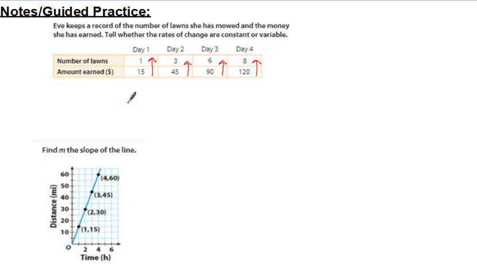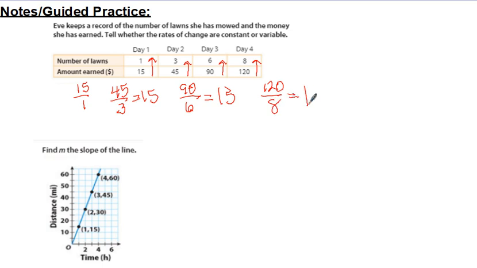So we could do 15 over 1, and 45 over 3, which is 15, and 90 over 6, which is 15, and then 120 over 8, which is also 15. We also can check it using our slope formula.